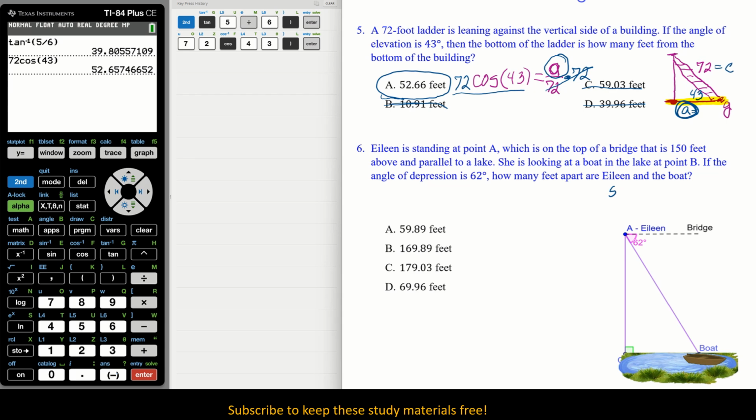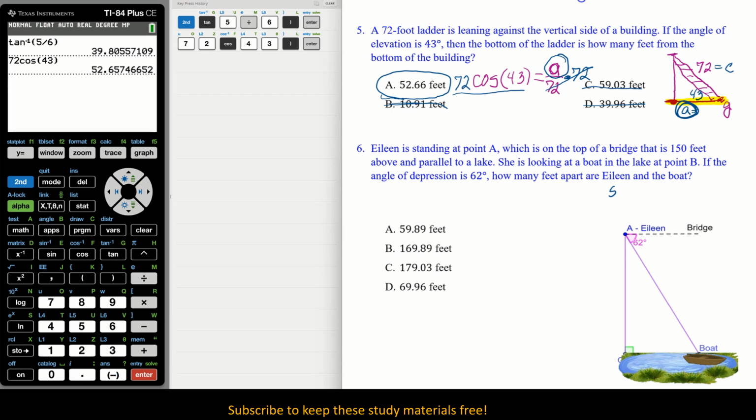it says Eileen, number 6. Eileen is standing at point A. So, we have a diagram. She's standing on a bridge, okay? Which is the top of a bridge that is 150 feet above and parallel to a lake.